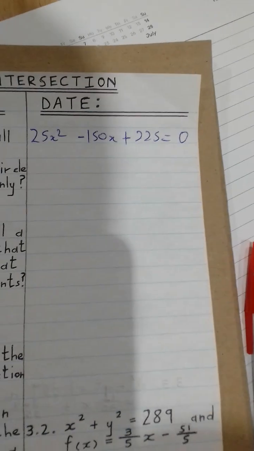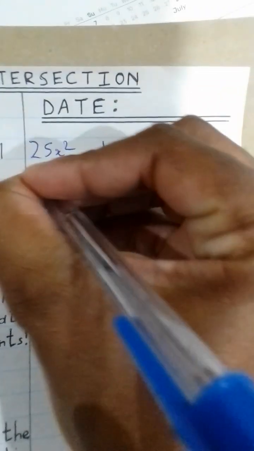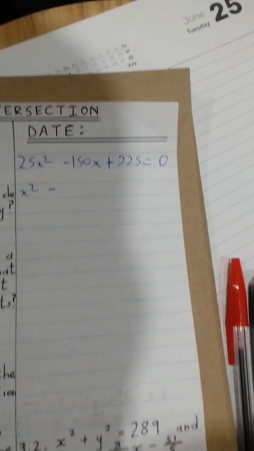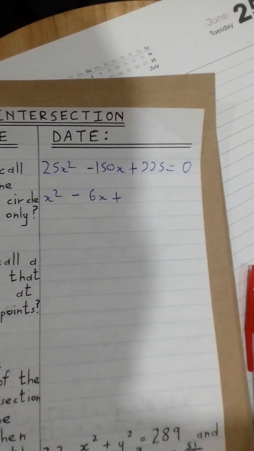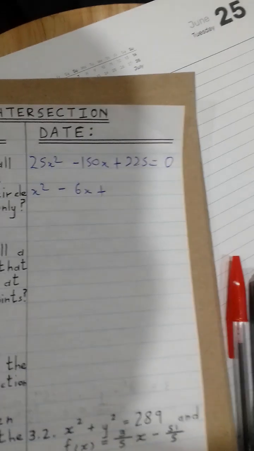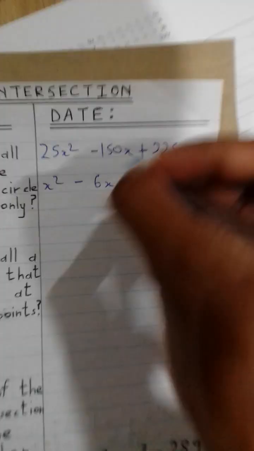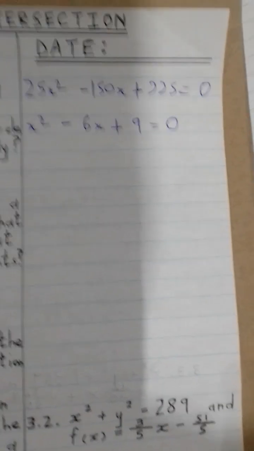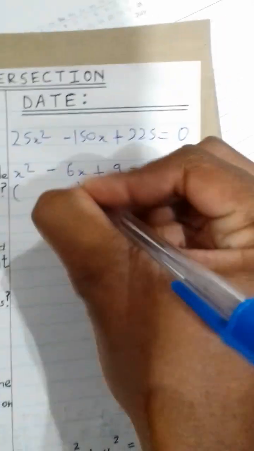Now common factor is 25, so we are going to have x squared minus, let me see, 150 divided by 25, 6x plus 225 divided by 25, you get 9, is equal to 0.